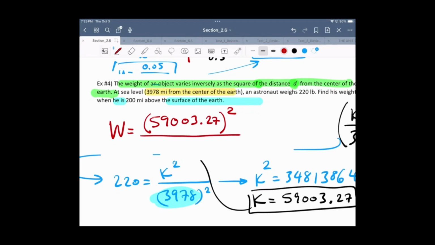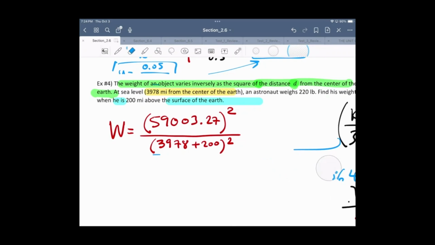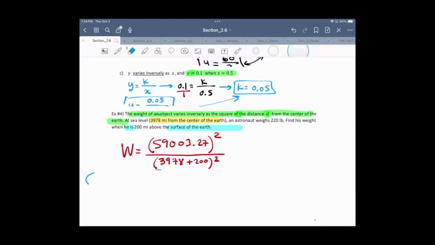Now the distance is the distance from the surface of the Earth to the center of the Earth, which is 3,978, but the astronaut is now 200 miles above this. So that plus 200 miles, and then we have that also squared, right? The distance is squared, the K is squared. Okay, so I hope you don't mind if I erase all of this, but you can always rewind the video and look at what was there.